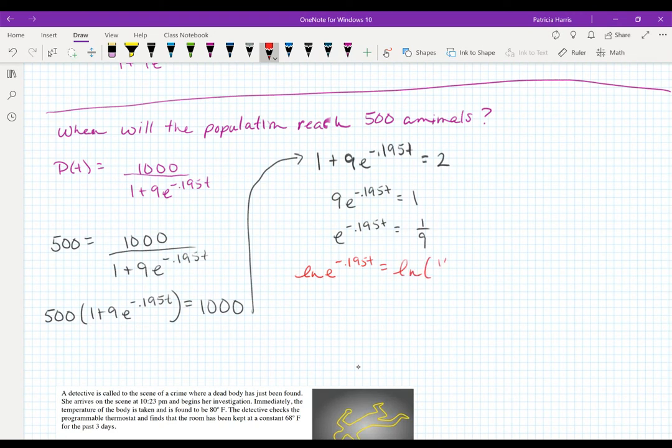Again, I'm going to use my calculator to help me out. These will cancel. Remember, exponentials and logs are inverse functions. So let's see here, using my calculator. I get negative 0.195 times t is equal to negative 2.197. We're going to divide.